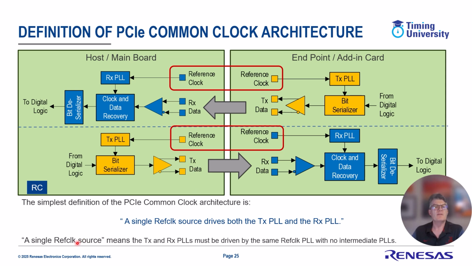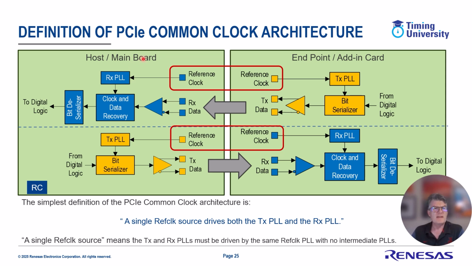And a single ref clock source means that the transmitter PLL and the receiver PLL are driven by the same ref clock PLL with no intermediate PLLs. So we'll delve into that a little bit further in the next slides.